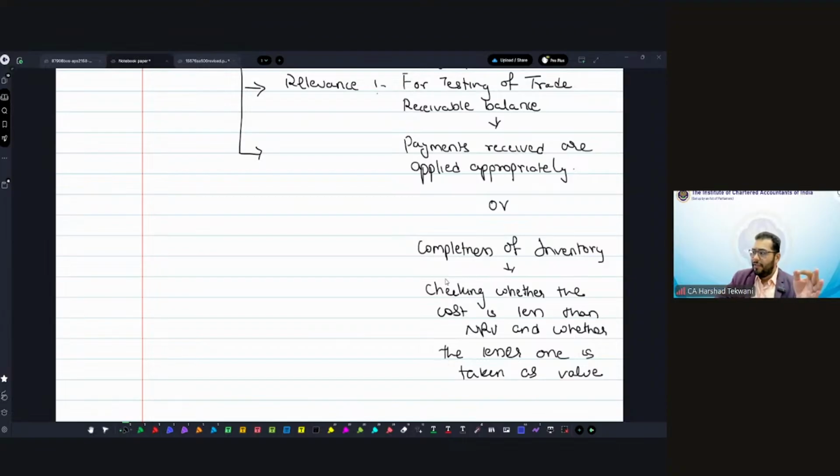For the completeness of the inventory, you are checking whether cost or NRV, whichever is less, is taken as the value or not.